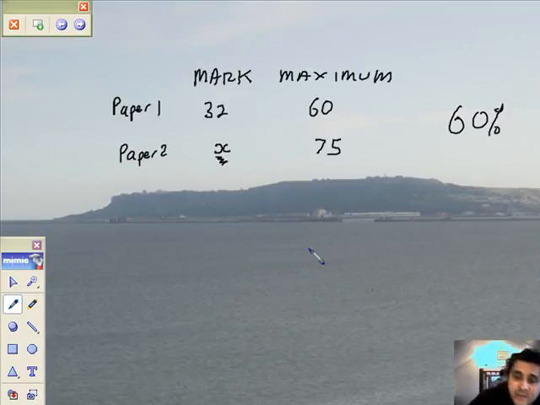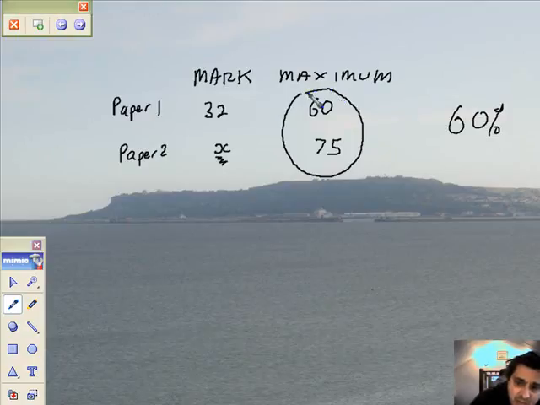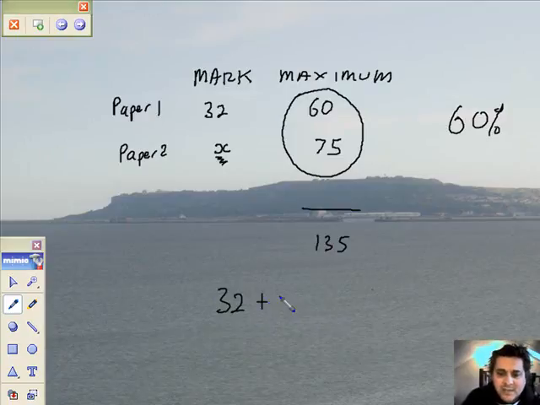Alright, very careful. This is the total. Imagine it's one big paper now. So the total is going to be that plus that, 135. Look at it carefully. She has got 32 marks in the bag already, plus something else she's about to get.